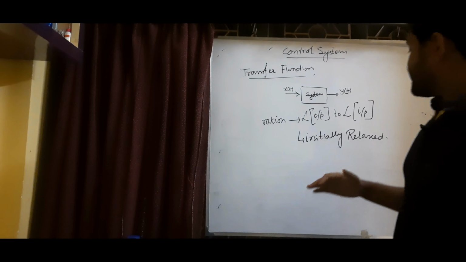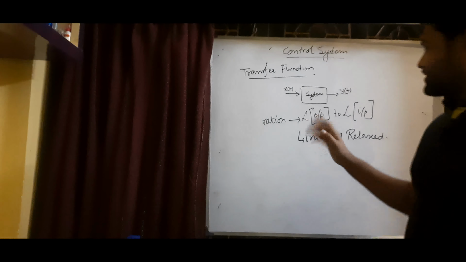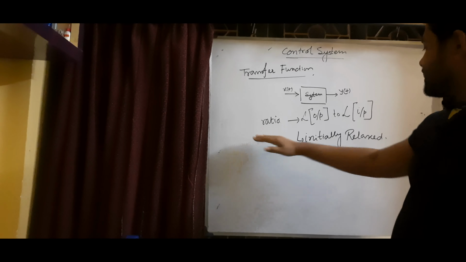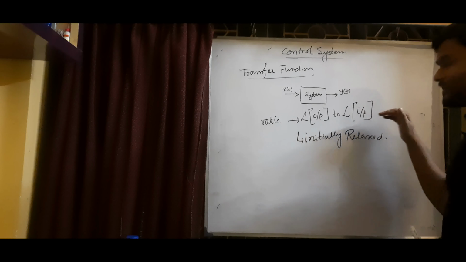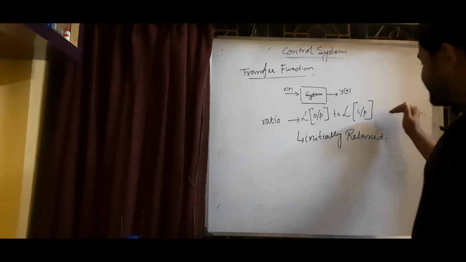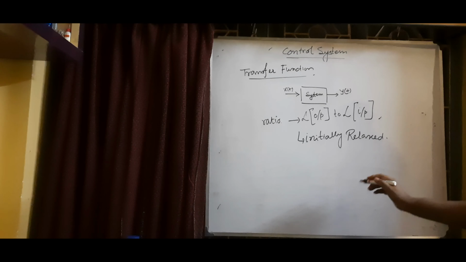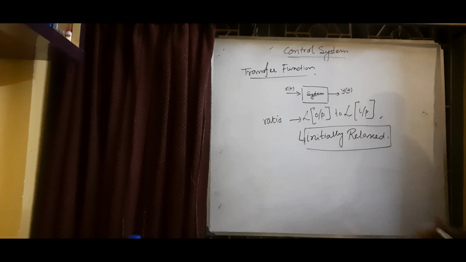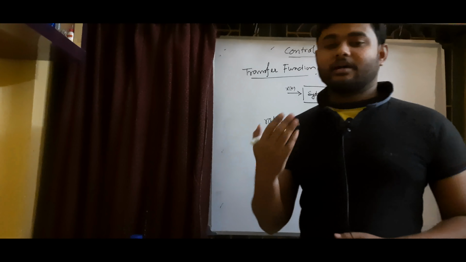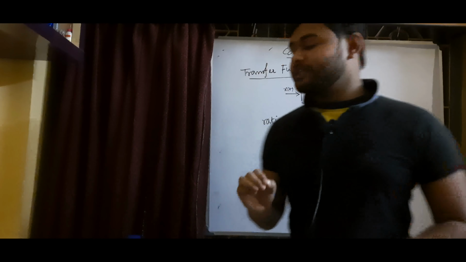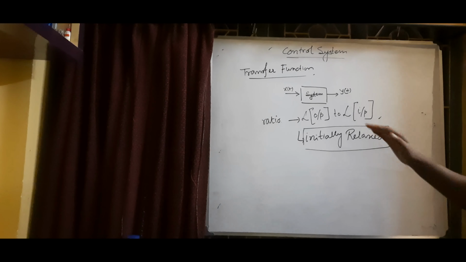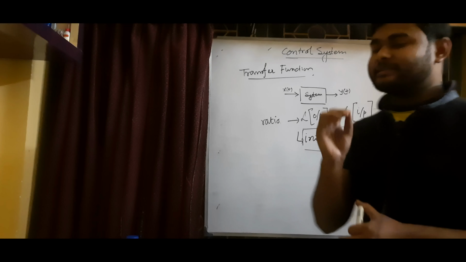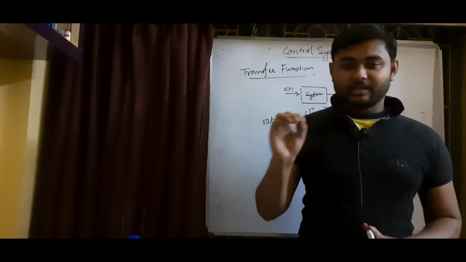As you can understand, ratio means the Laplace transform of output by the Laplace transform of input. Till this it is okay to understand, but now what does this term mean? Initially relaxed. Initially relaxed means that mathematically the initial condition of the system is 0.